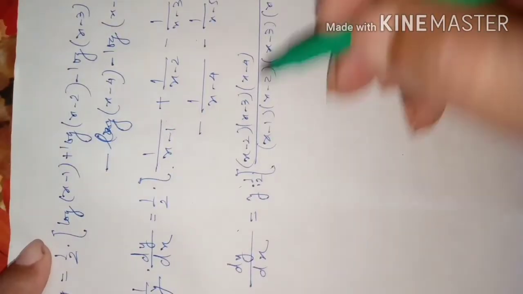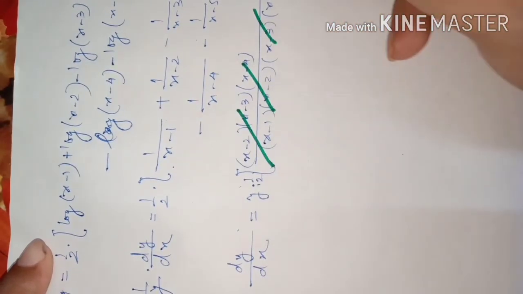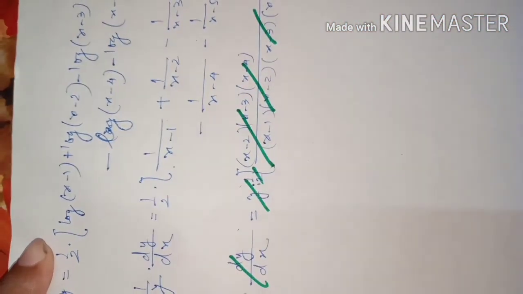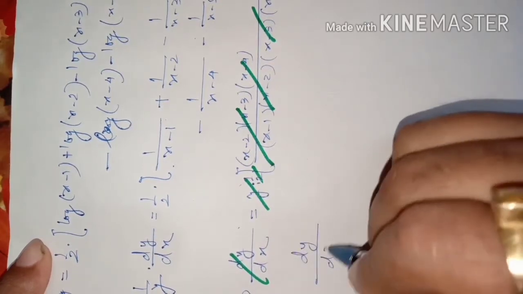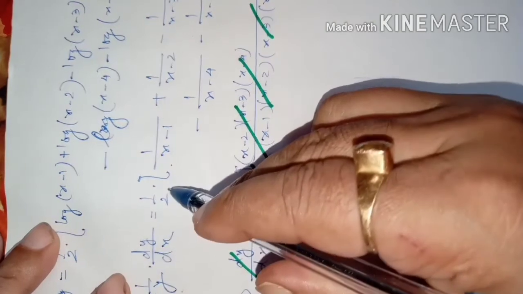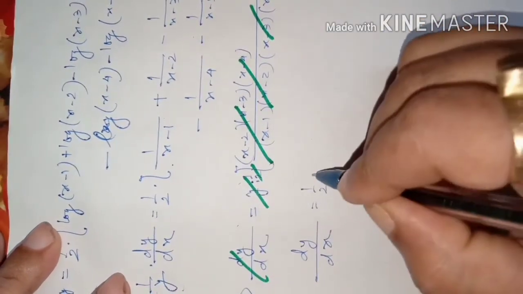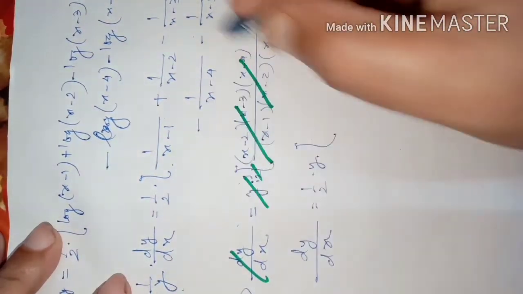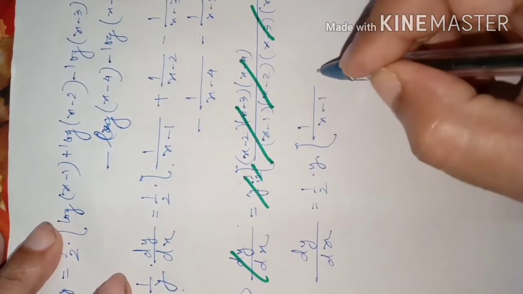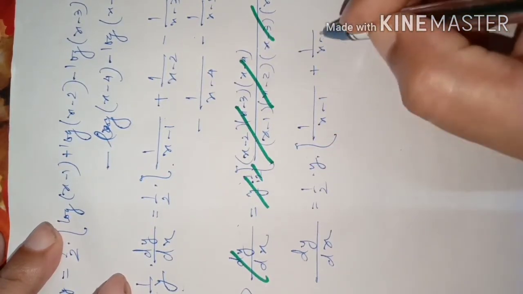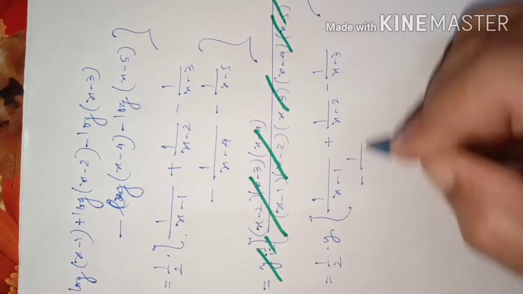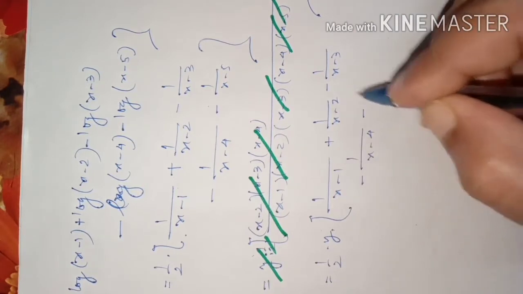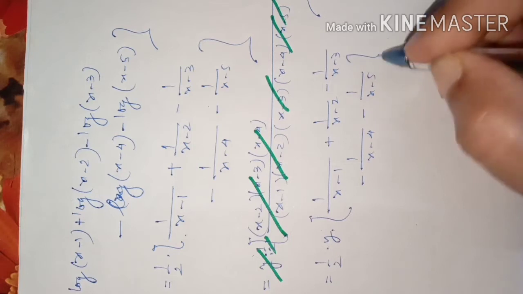It is going to be a very big expression. Leave it, no need. We can keep this answer as it is. dy by dx is equal to this, y will go there, it will be y by 2 or half into y into inside, 1 by x minus 1 plus 1 by x minus 2 minus 1 by x minus 3 minus 1 by x minus 4 minus 1 by x minus 5, big bracket closed.